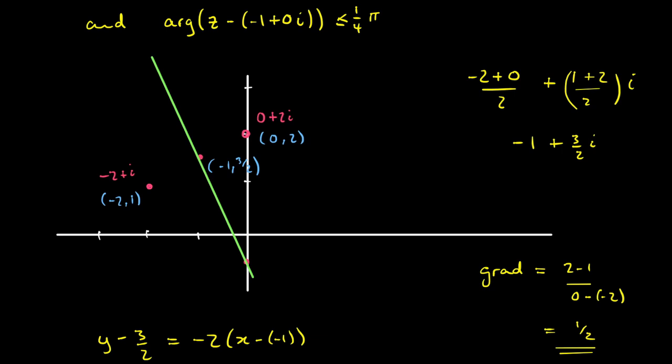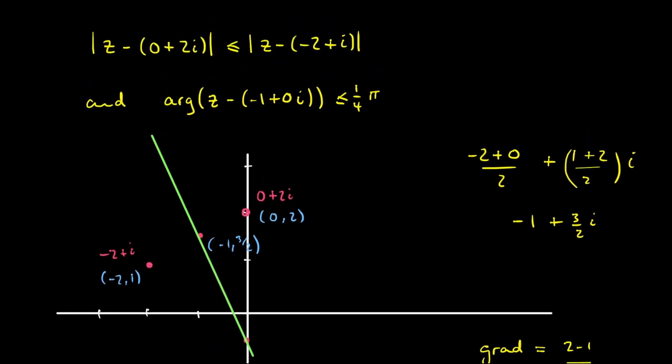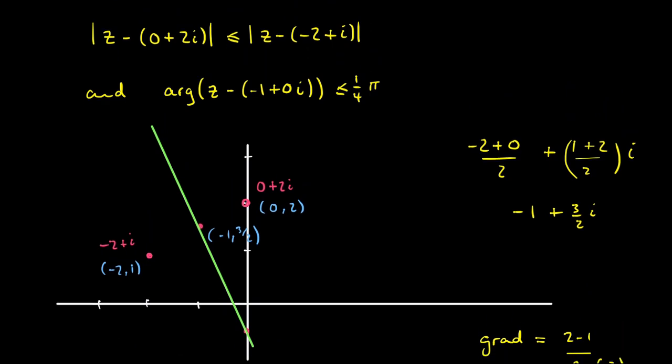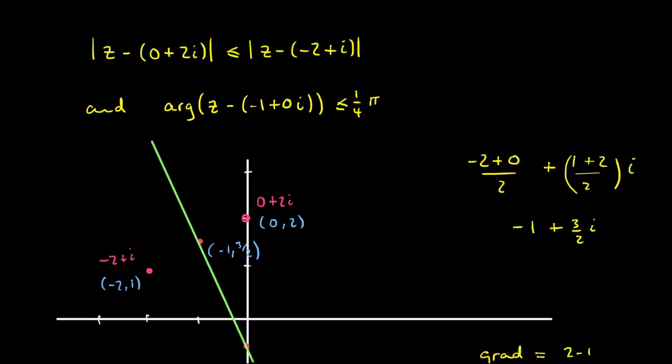Now, that satisfies the first inequality, or rather, not quite yet, because this is an inequality, isn't it? So we want the region where this thing is less than that thing. So we want to be on this side of the Argand diagram. Well, where is that side? It's over here. So this region over here satisfies this inequality.